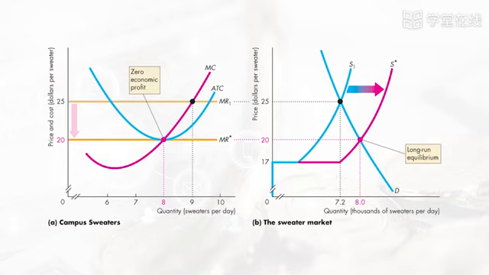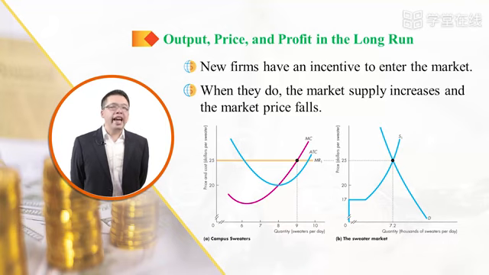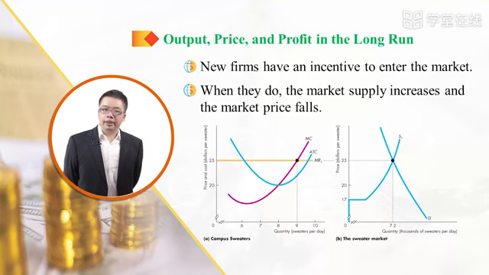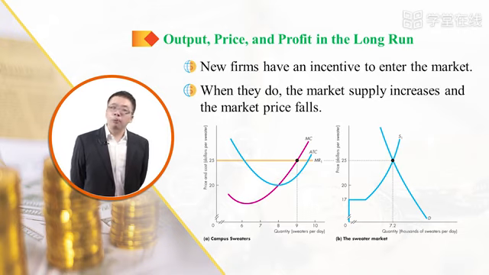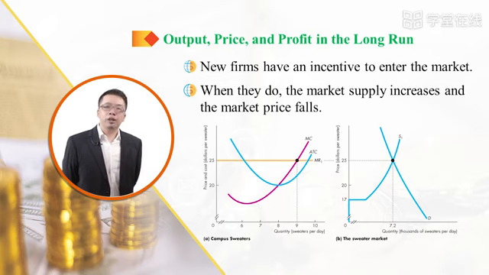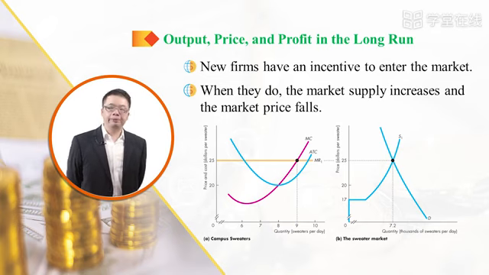Otherwise, as long as the market price is higher than 20, when the firms in the industry make economic profit, other firms still have an incentive to enter. And this shift of the supply curve will not stop until every firm breaks even.